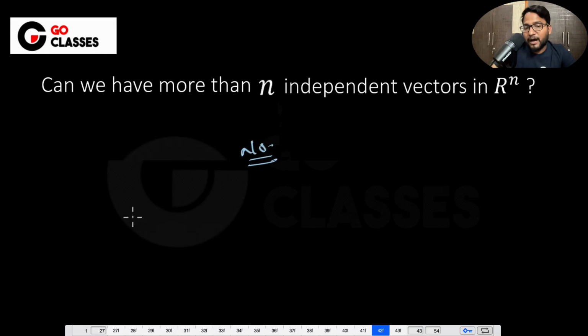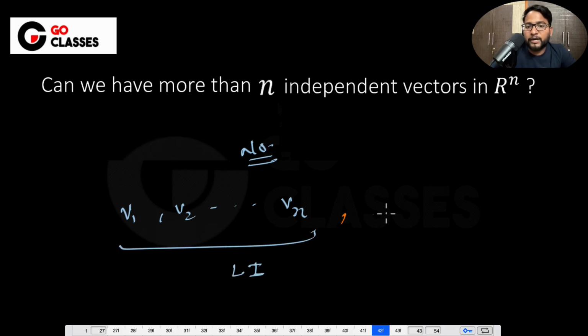Which means in Rn, if you have, let's suppose, n vectors, v1, v2, up to vn, and these are linearly independent, then whatever vector you add here can be obtained from these vectors, because these vectors are filling the space, right?